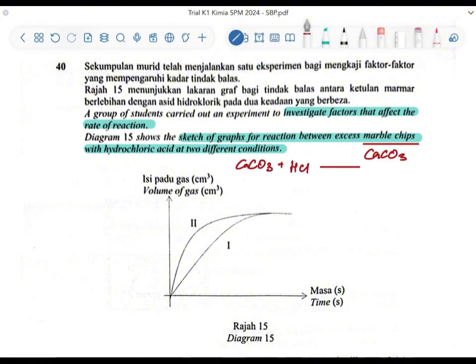It will form the salt, which is calcium chloride, with the water and the carbon dioxide, if I'm not mistaken. So calcium carbonate reacts with the hydrochloric acid to form calcium chloride, water, and carbon dioxide. Okay, so this volume of gas is actually the CO2. We know that it is CO2.